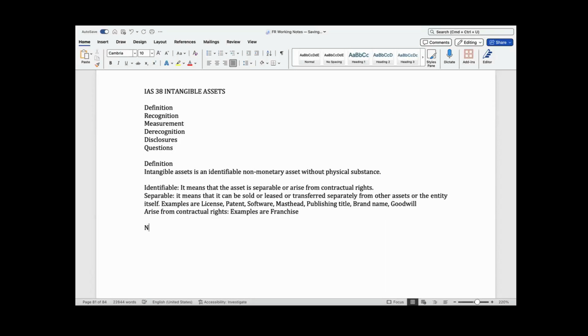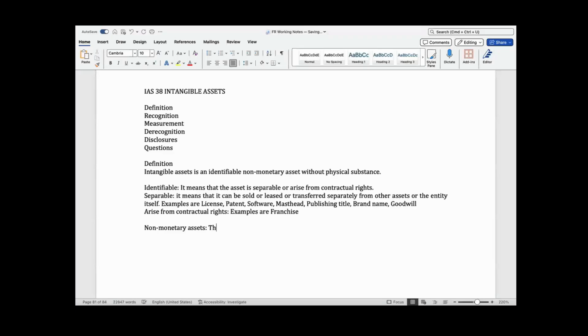That's one. Two is non-monetary assets. An intangible asset is also a non-monetary asset.